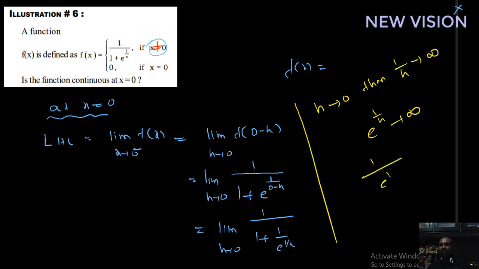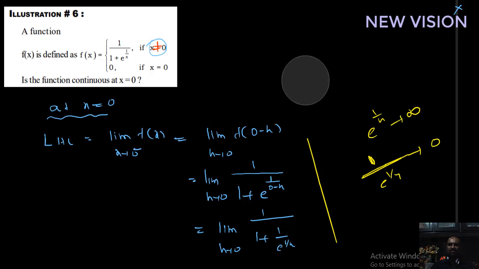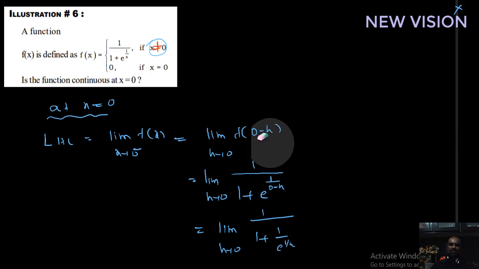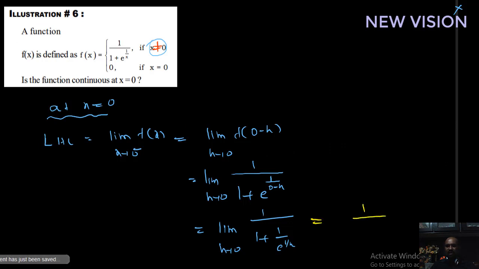So 1 by e power 1 by h is tending to 0, because the numerator 1 is fixed, the denominator is increasing, so the total value is tending to 0. I think you people understood. Students, this is equal to 1 by 1 plus 0, that is equal to 1. So LHL I got 1.